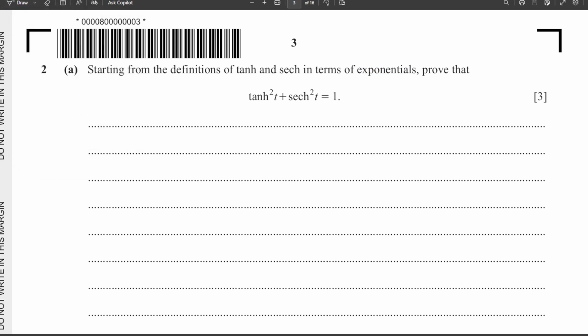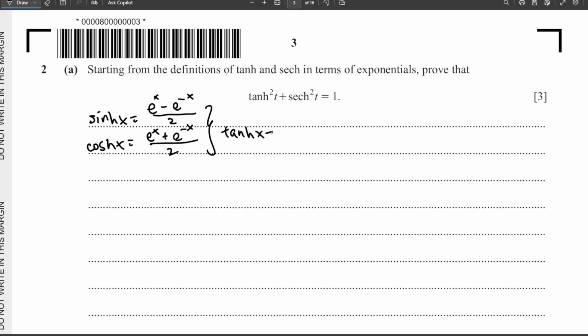The hyperbolic sine is the exponential x minus exponential of negative x divided by 2, and the hyperbolic cosine is the exponential x plus the exponential of negative x over 2.